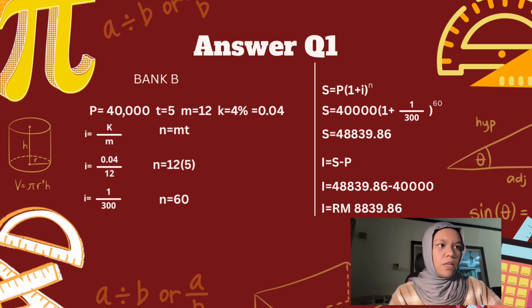So it will be I equal to 48,839 and 86 cents minus 40,000. So I equal to 8,839 and 86 cents.